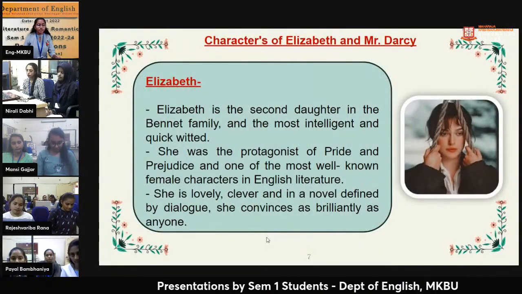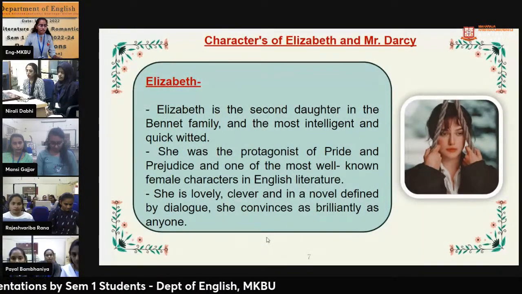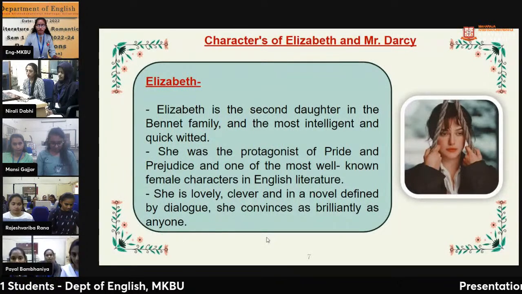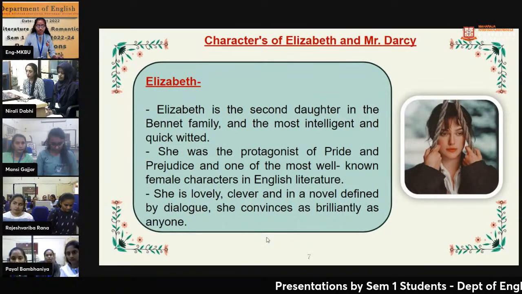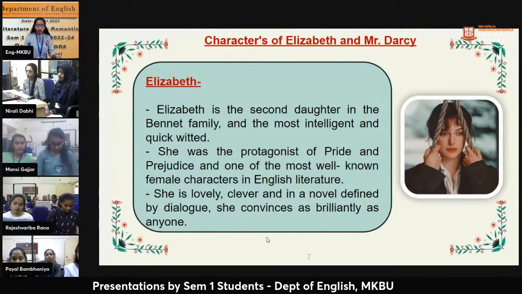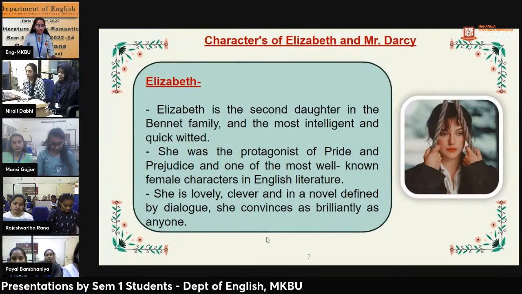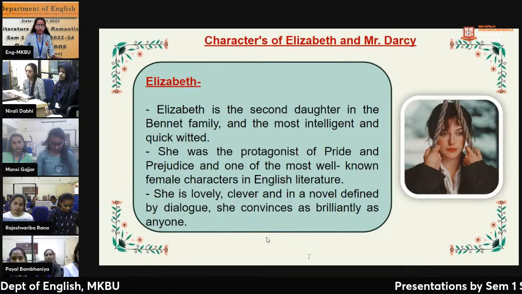The characters of Elizabeth and Mr. Darcy. First, Elizabeth. Elizabeth is the second daughter in the Bennet family, and she is the most intelligent and quick-witted. She is the protagonist of Pride and Prejudice and one of the most well-known female characters in English literature.